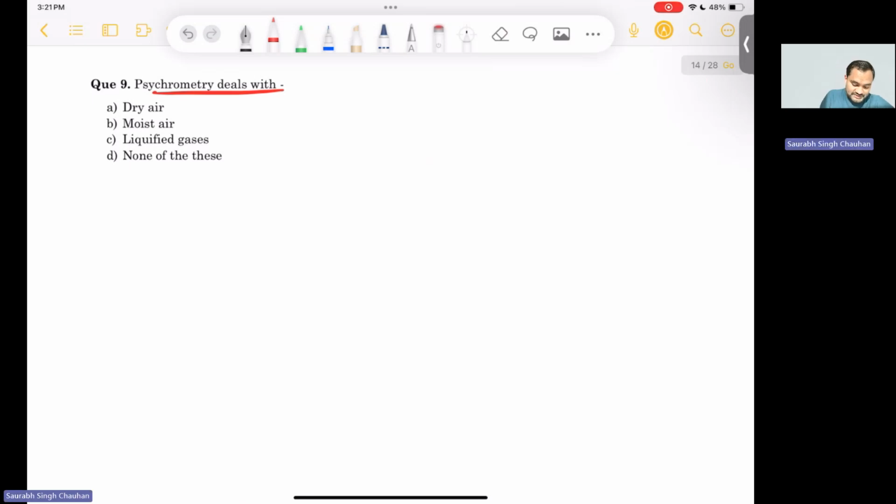So the correct option is moist air. Okay, moist air is the mixture of dry air plus water vapor. So of course, dry air is the air which has zero moisture. So this can also come under psychrometry, but part B is the most suitable answer. So moist air is dry air plus water vapor, mixture of water vapor and dry air.